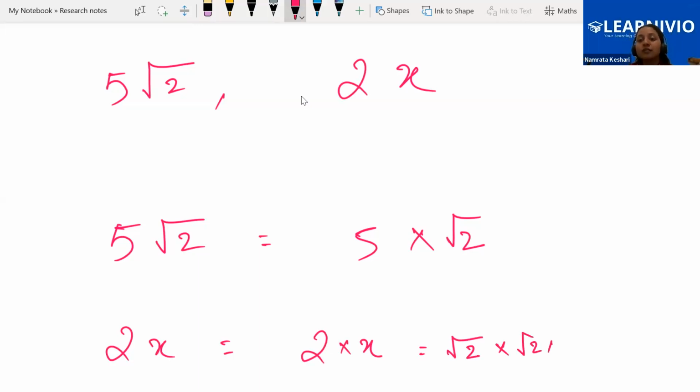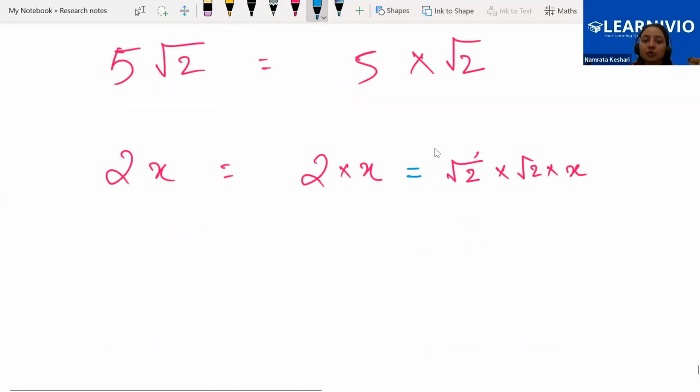But we do this only when it is required, when the other term also has root 2 or something similar. Here we can see it does, right? So here we can take root 2 common. Yeah. So here 5 we can take into root 2x.